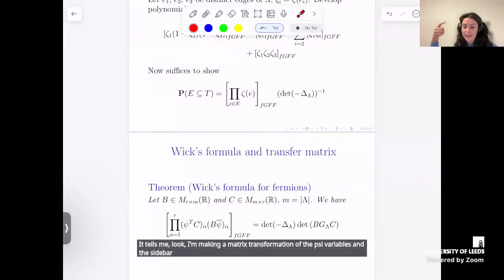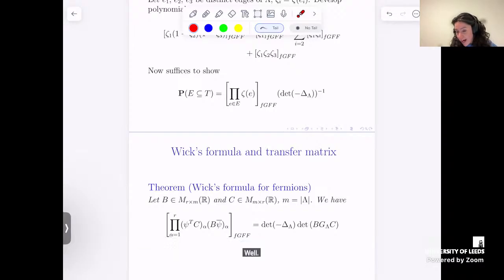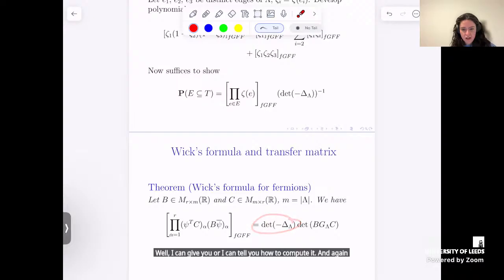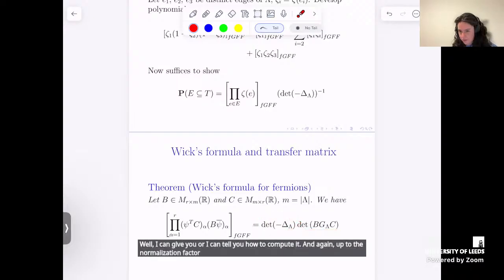Here I'm really thinking that psi is a column vector, with one entry per vertex of lambda. So if I have 2 matrices and I make this matrix transformation of the psis and psi bars, I can tell you how to compute it, and again, up to the normalization factor, it is just the determinant of a product of matrices.